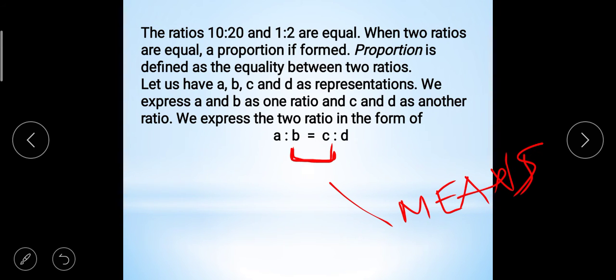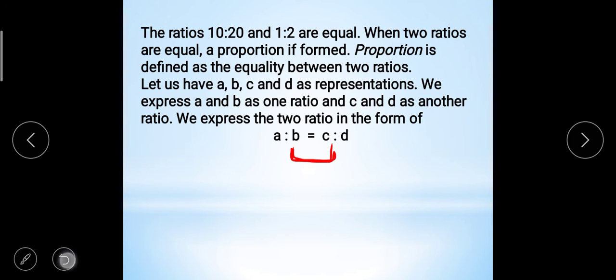Means, yun yung nasa inside part. Wherein yung nasa outside part or nasa outer part, that is called the extremes.